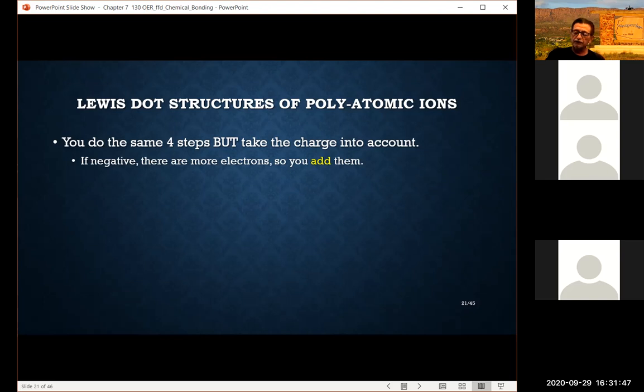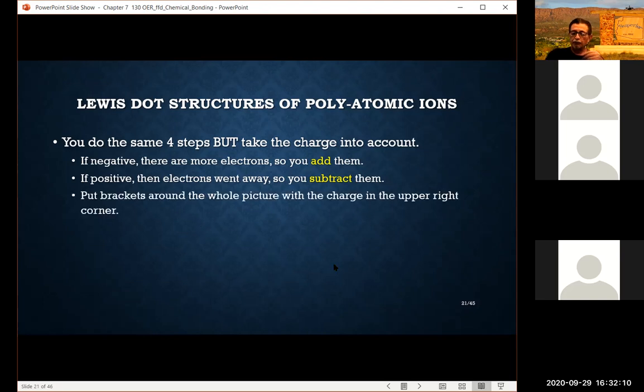Some polyatomic ions have a -1, some have a -2, some have a -3. So depending on the charge, we add that same number of electrons. If it's a cation, which really we only have one to work with, and that was the ammonium ion, we subtract a pair, okay? Then we put a bracket around the whole structure, and in the upper right-hand corner, we put the charge of that polyatomic ion.